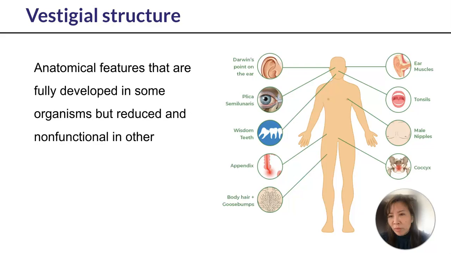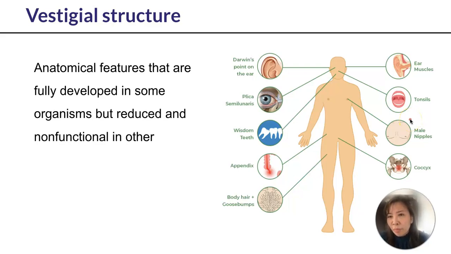And so this would be, for example, our tailbone. As humans, we no longer have a need for a tail. We don't communicate with it. It doesn't help us survive in any way. So we still have the structure, but it gets reduced and it's non-functional, right? Another example that we can look at is why do men have nipples?